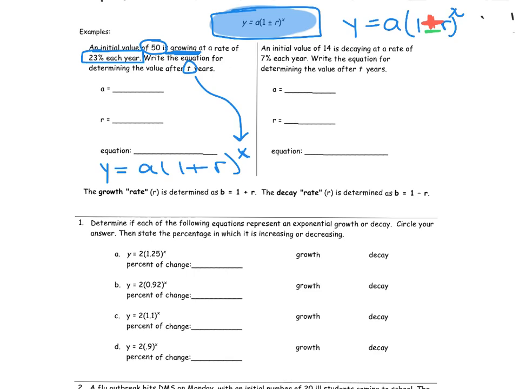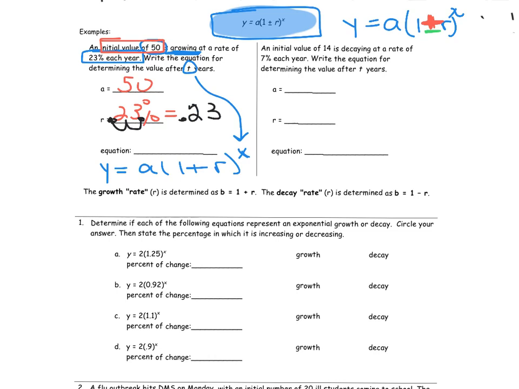All right, so a is our initial amount. We see that initial amount is 50. The rate is 23%. Now, we need to write that as a decimal. When we write percentages as a decimal, technically this is 23.0, right? We move the decimal to the left twice to get the decimal value.